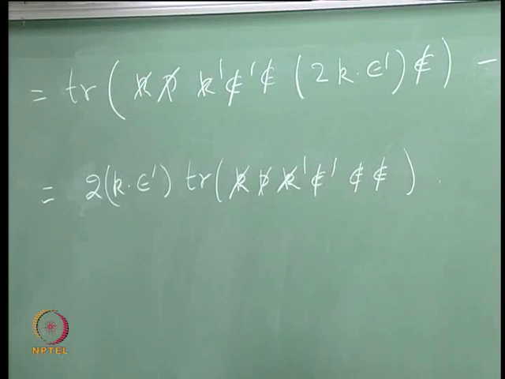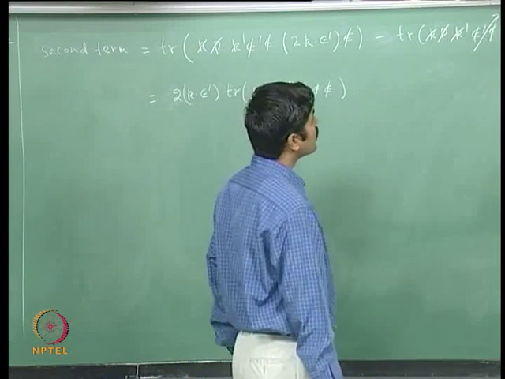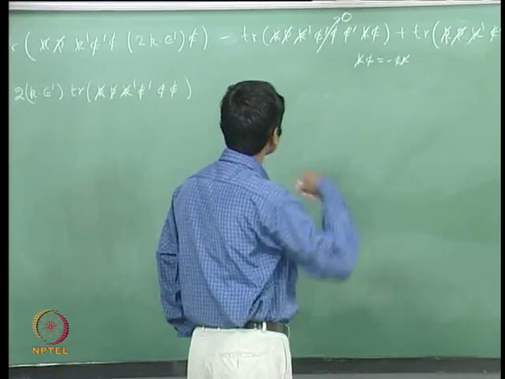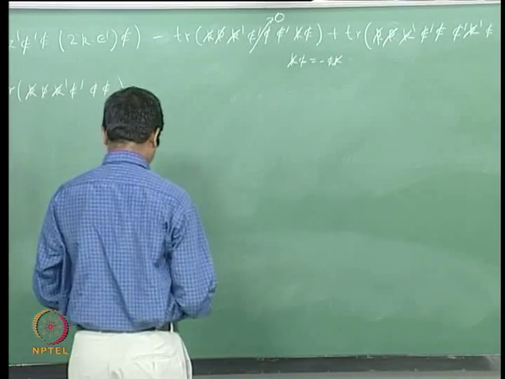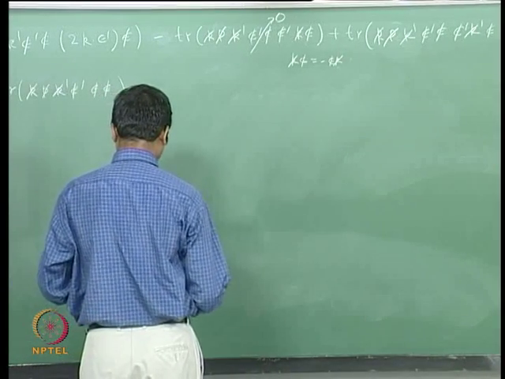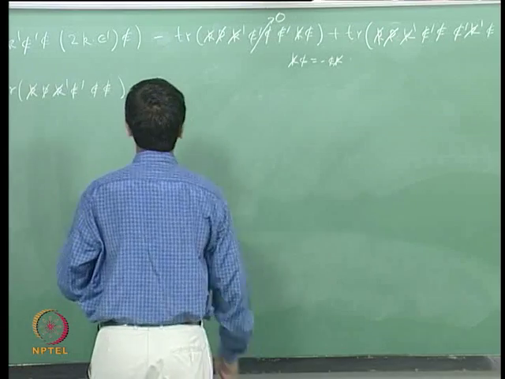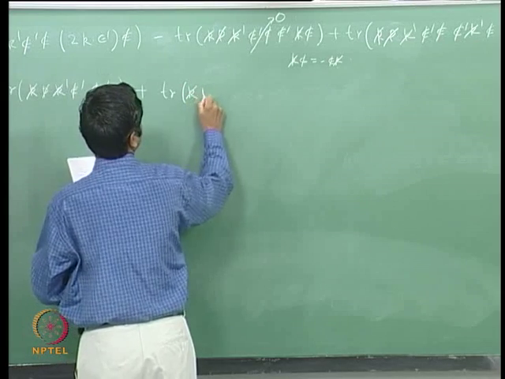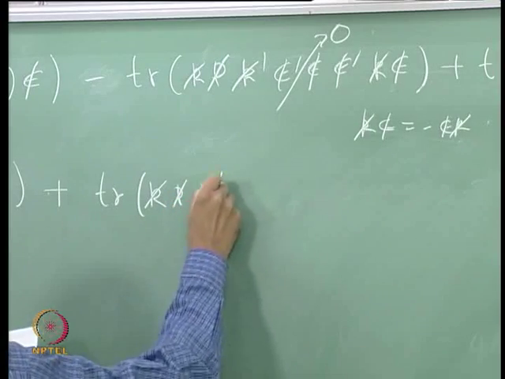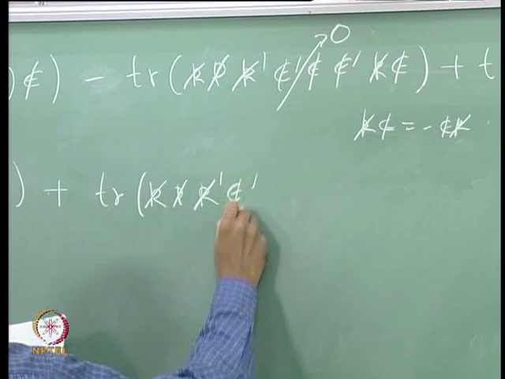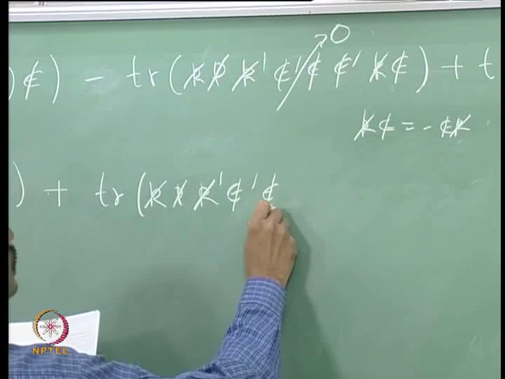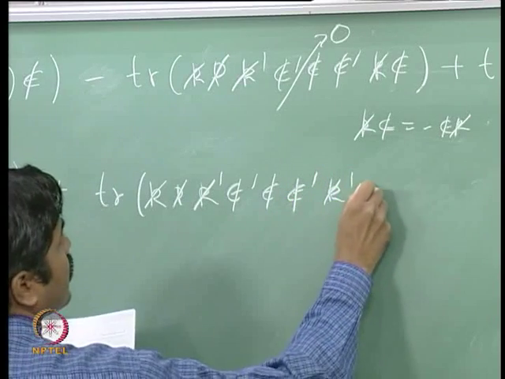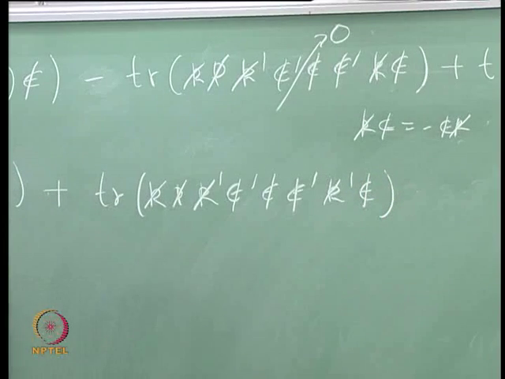This is one term, and in the second term I have plus trace of k slash p slash k prime slash epsilon prime slash epsilon slash epsilon prime slash, okay.